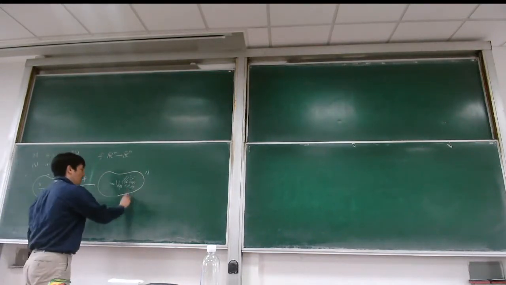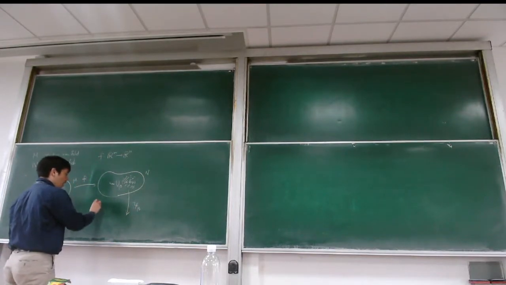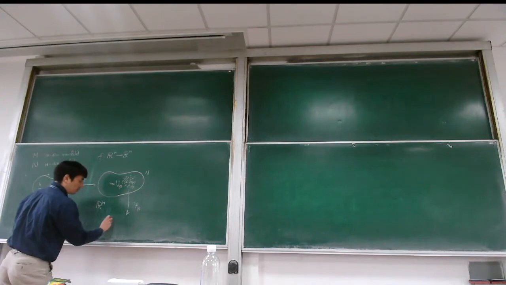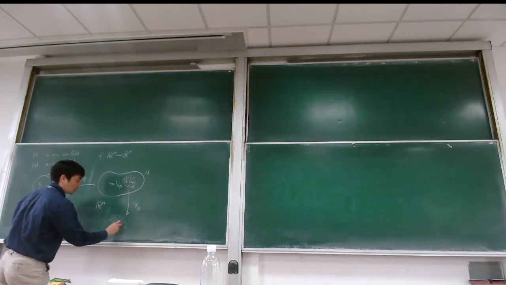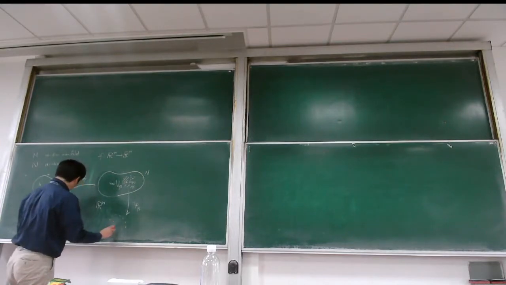And then there's a map, I call it psi beta, and there is an open subset inside R^n, which is psi beta of f of p.